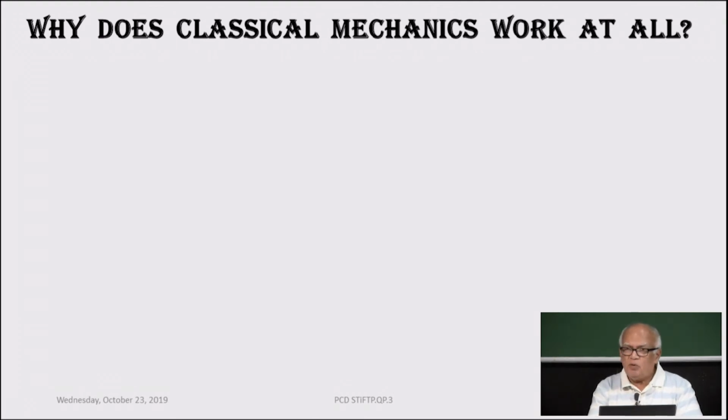But then classical mechanics seems to work. We use it in everyday life all the time, to solve most of the problems in our day-to-day life, and we should therefore ask, why does classical mechanics work? This is an interesting question, and I am going to discuss this in the remaining part of this class, and also over some of the next few classes.